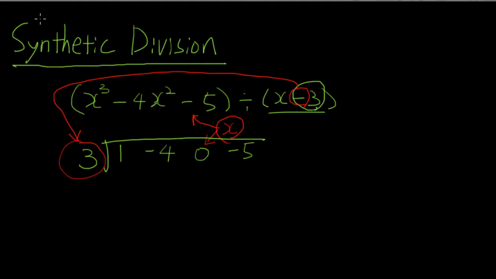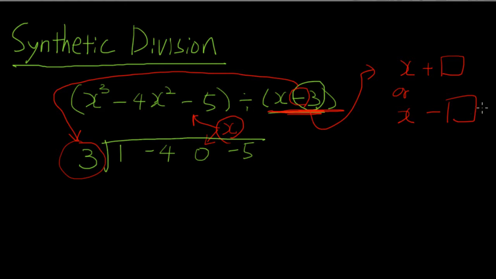One more comment: see this part? What do we call this? This was the dividend. This was the divisor. The divisor has to be in that format. This divisor has to be x plus something or x minus something format only.